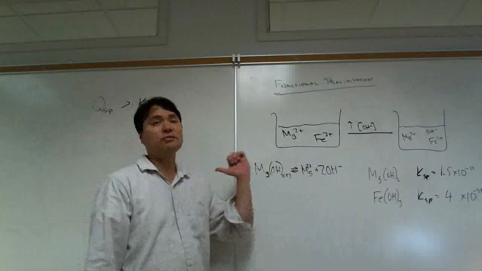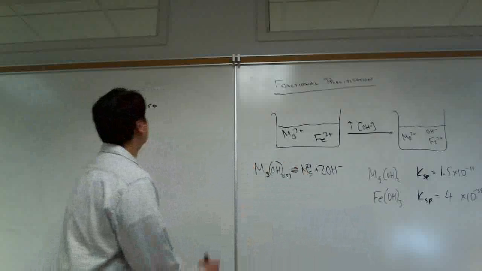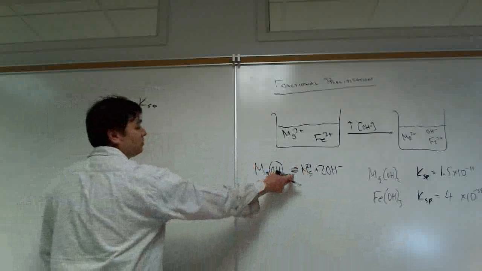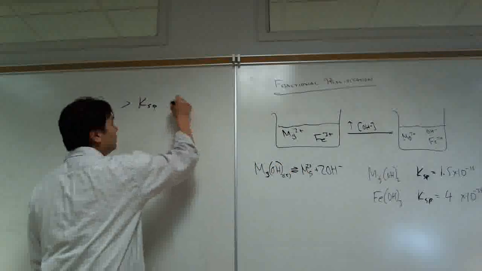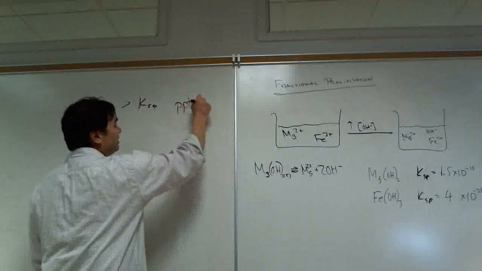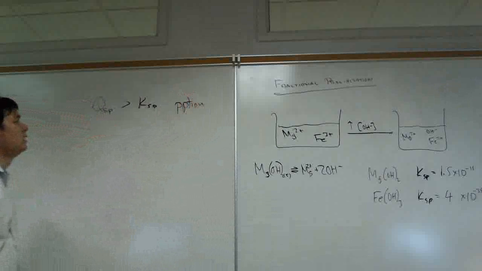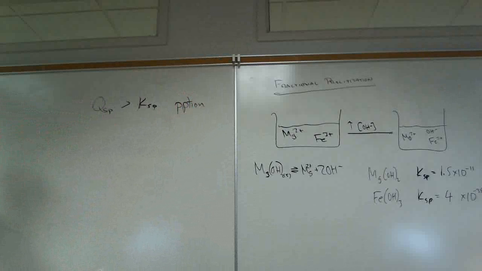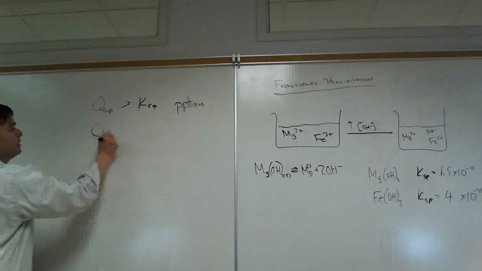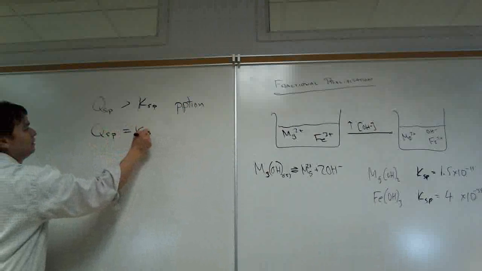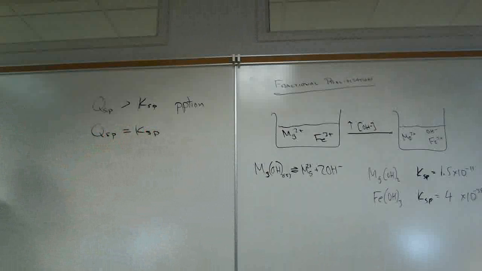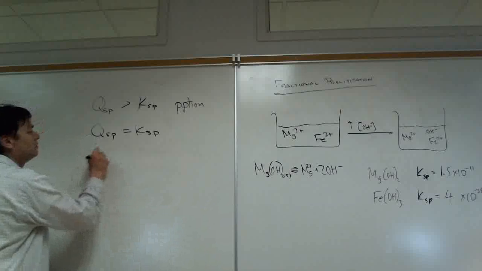Shift left, which is called shifts the reactants. The reverse direction is called precipitation or dissolution? Precipitation. So if QSP is greater than KSP, we get precipitation. If QSP is equal to KSP, then we're at equilibrium, right? Nothing's going to happen, so no precipitation.